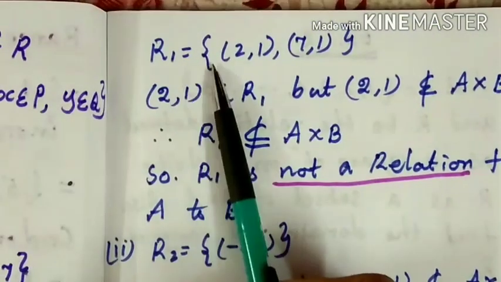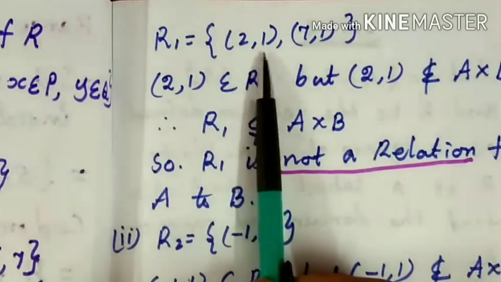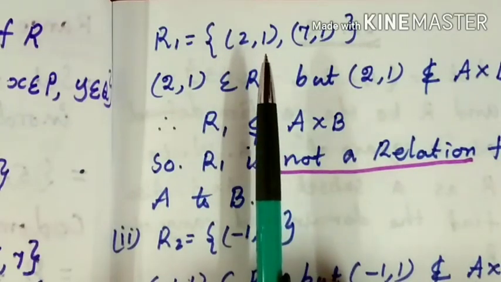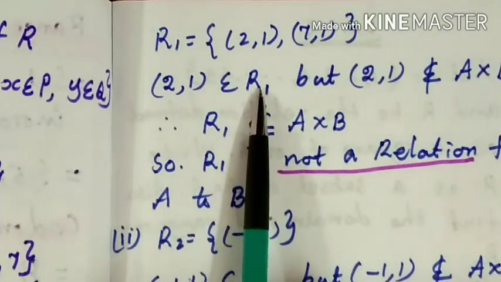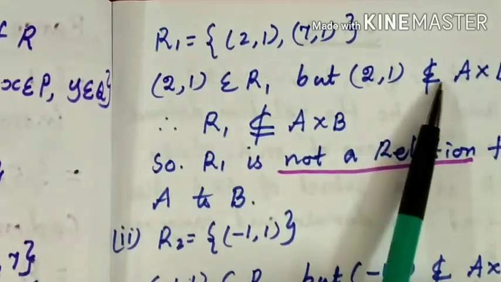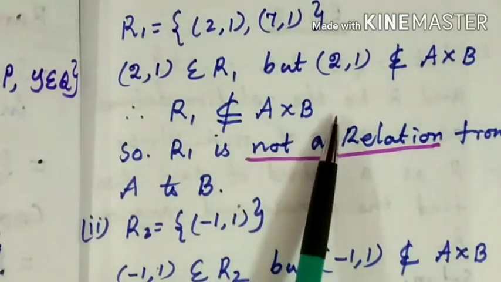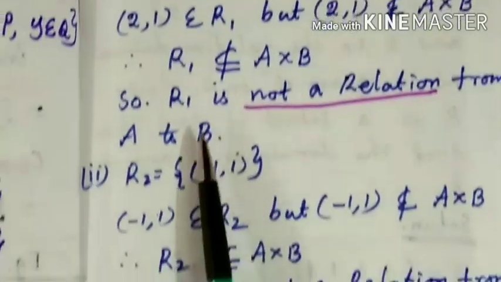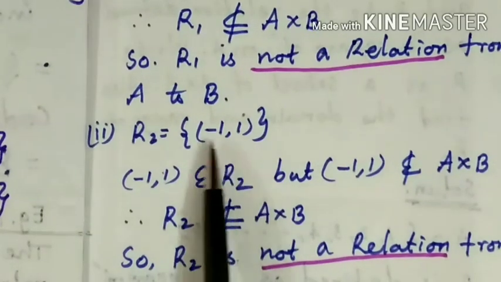Next, the first subdivision R1 = {(2, 1), (7, 1)}. Check whether all the elements of R1 are present in A × B. (2, 1) belongs to R1 but (2, 1) does not belong to A × B. Therefore R1 is not a subset of A × B, so R1 is not a relation from A to B. Then the second subdivision R2 = {(−1, 1)}.